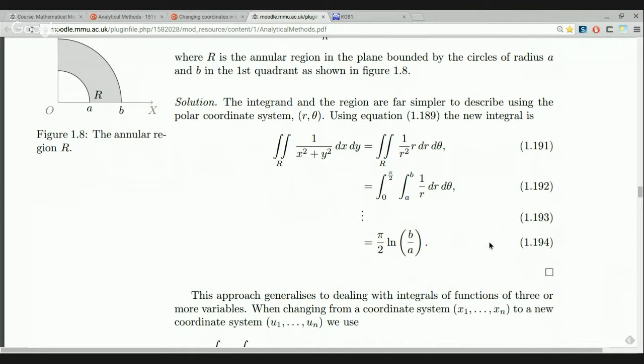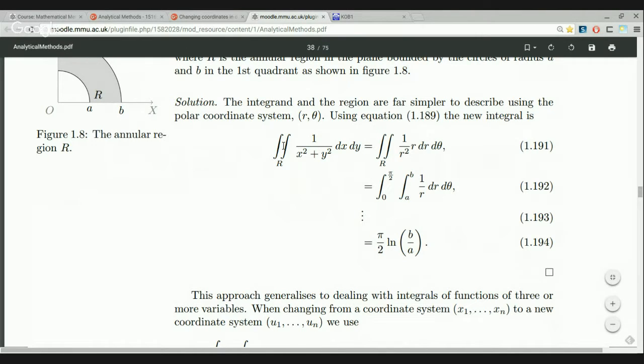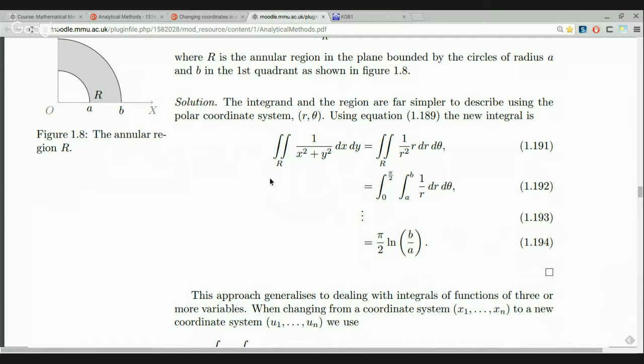Okay, so if we had tried to do the original integral sticking completely within the Cartesian coordinate system of x and y, we would have had to use very complicated formulae. Even describing the region, you're going to have to use square roots to describe what the y coordinate is given the typical x coordinate.